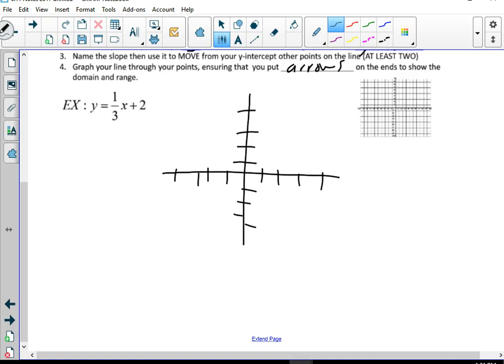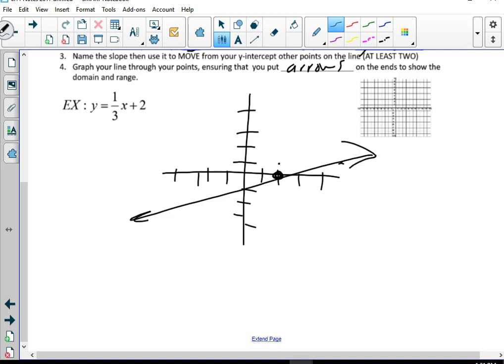Do not do this. Oh, my intercept is 2. It's an intercept, so it goes through an axis. So it's here. And up 1, right 3, it's here. There's my line. No. That is wrong. Because I drew through the x-axis as my intercept. But dude, I'm crossing the y right here. Yeah, but not at the right point.